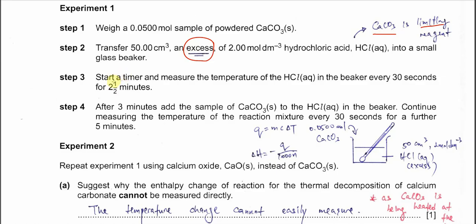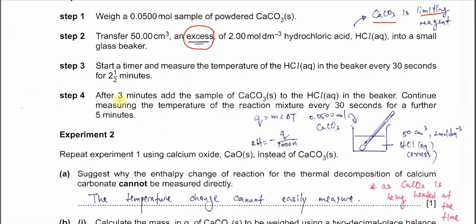Step 3, start a timer and measure the temperature of HCl in the beaker every 30 seconds for 2.5 minutes. That means there will be 5 temperature readings before the solid is added. Step 4, after 3 minutes, add the sample of calcium carbonate to the acid and continue to measure the temperature of the reaction mixture every 30 seconds for a further 5 minutes.